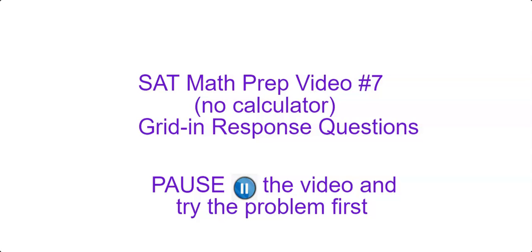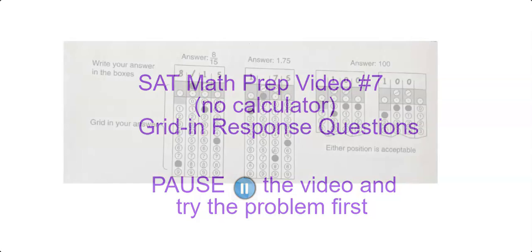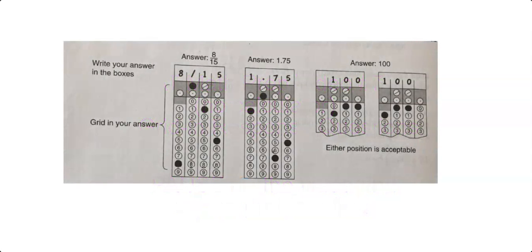Now we're going to talk a little bit about the grid-in response questions as opposed to the multiple choice. Whenever you're entering a fraction, you have to enter the slash in one of the boxes and then bubble in the slash bubble. For decimals, you have to write in the dot and then bubble in the decimal bubble.